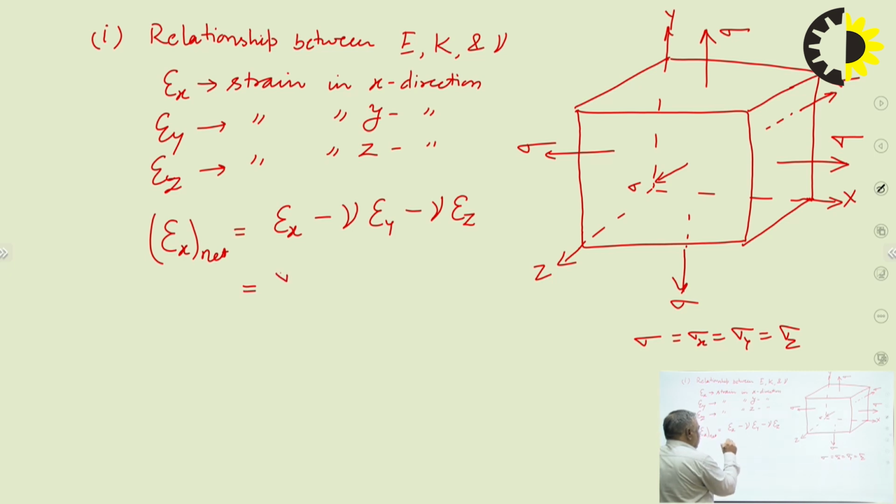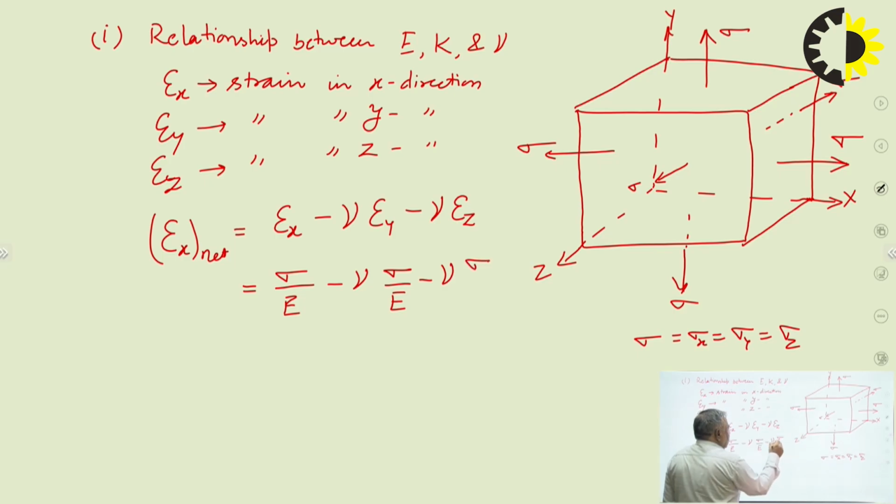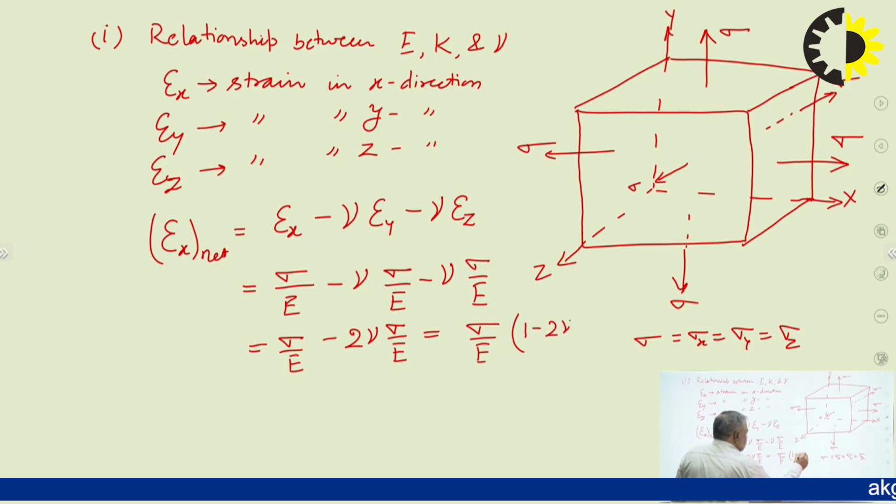So within the elastic limit, epsilon x is sigma x upon E minus nu times sigma y upon E minus nu times sigma z upon E. So the net strain is sigma upon E minus 2 nu sigma upon E, that is sigma upon E into 1 minus 2 nu. That is epsilon x.